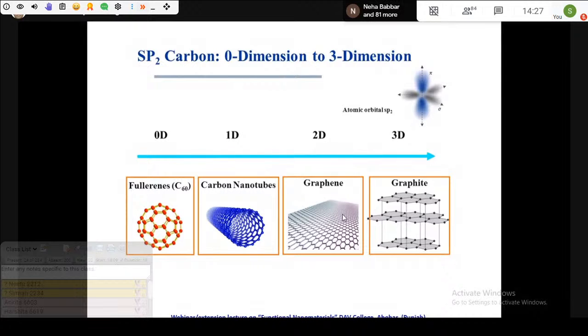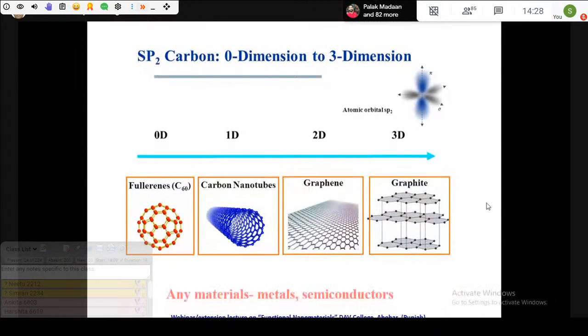Out of these materials, we'll talk a little bit about graphene because this is one of the best nanomaterials known for many applications, mainly in the field of electronics because of its electrical properties. I will mention something about this in further slides.